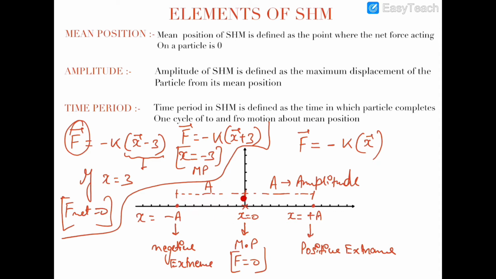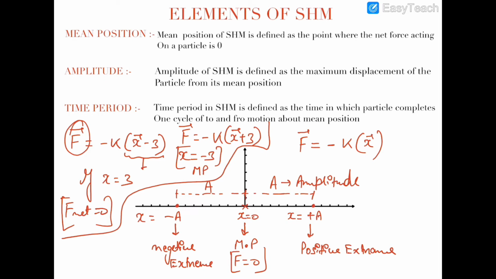In this cycle the particle is at the mean position moving in the forward direction, and after a fixed interval of time the particle is again moving in the forward direction, and it is spotted on the same point x is equal to 0. So this is a complete cycle, this one. The time taken by the particle to complete this cycle is known as the time period.